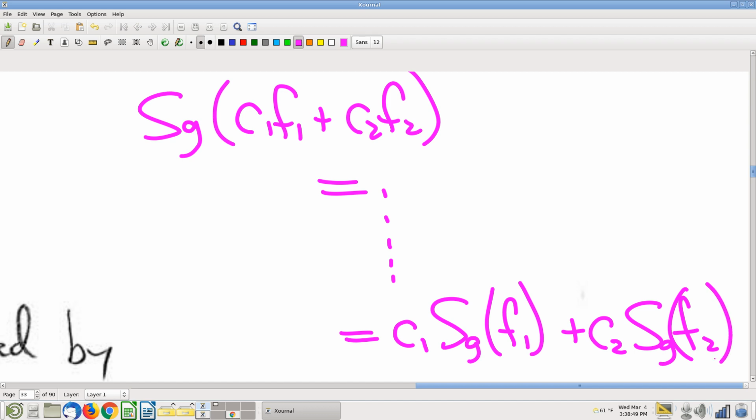Right, there's that linear combination in, linear combination out. This is what I need to show. I just have to fill in the yada yada yada in the middle. But that's our goal here.